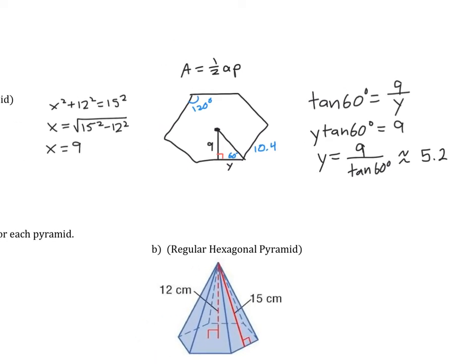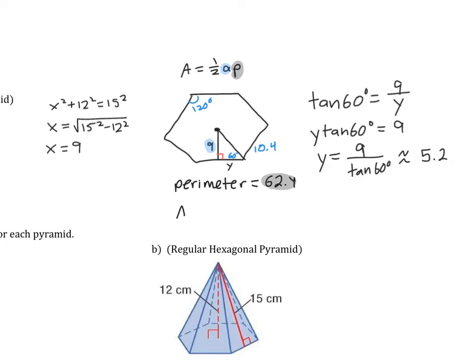So that tells us that if we have a side length of 10.4 and we have a hexagon, our total perimeter is going to be 10.4 times 6, which is 62.4. So now we have our perimeter, which is 62.4. We have our apothem, which was 9, and now we can find the area of our base.